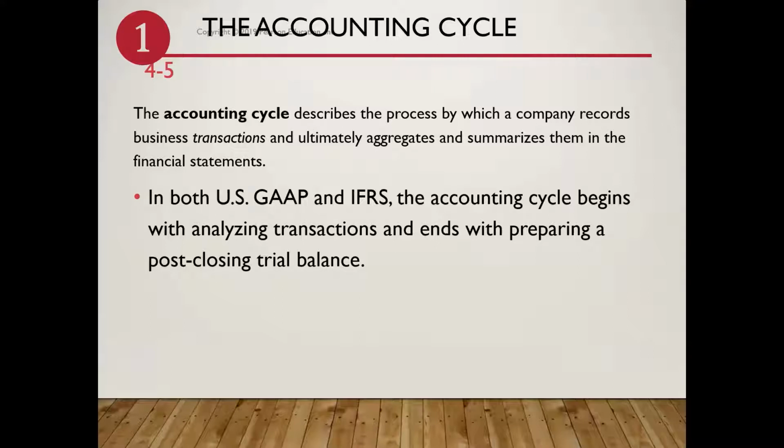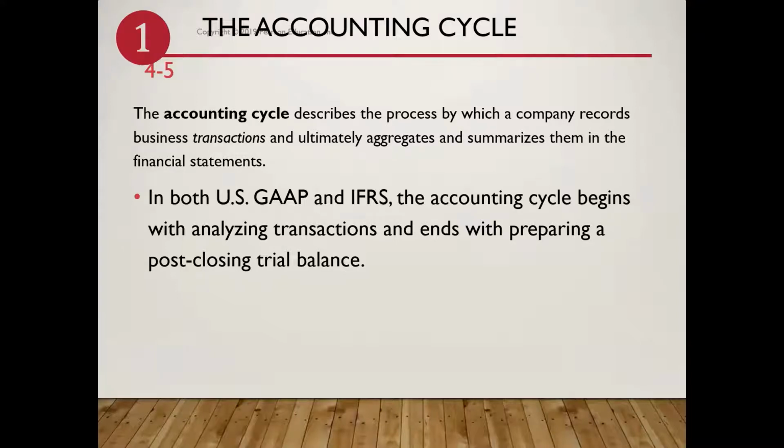The accounting cycle describes the process by which a company records transactions in its books and summarizes their effects in the financial statements. In Chapter 4, we will discuss the steps in the accounting cycle.